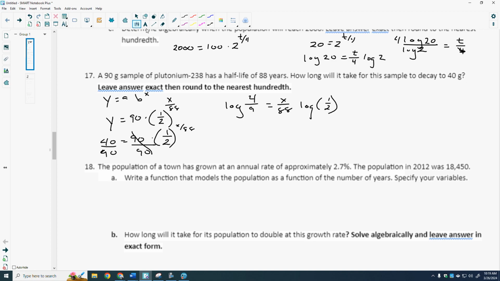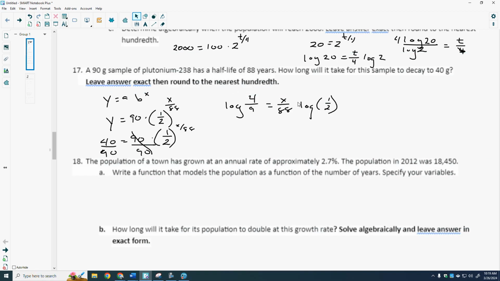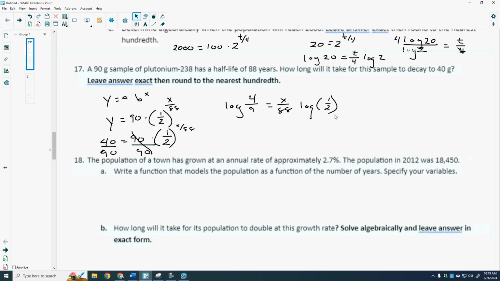Sorry, I shouldn't skip steps. All right, I'll just write them over here. So this becomes 4 over 9 equals 1/2 to the x over 88. And then I took the log of both sides and dropped that in front. That's how I got to there.